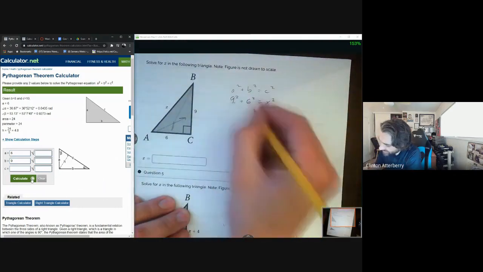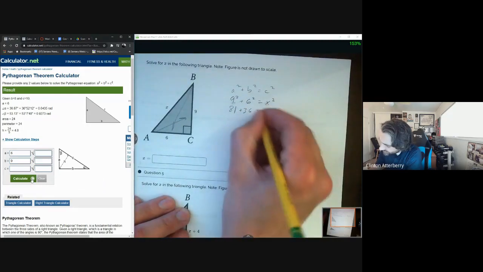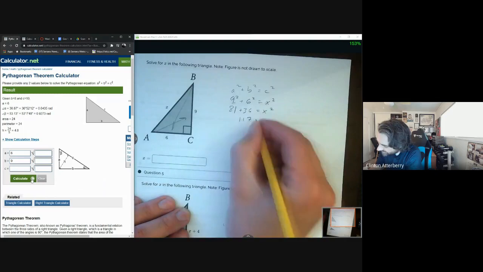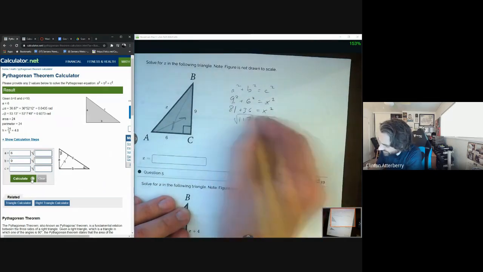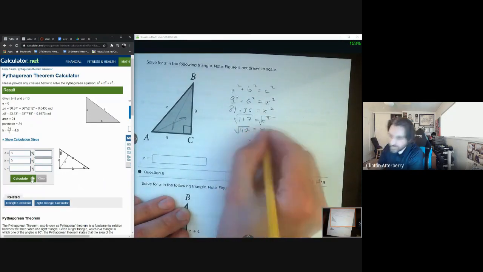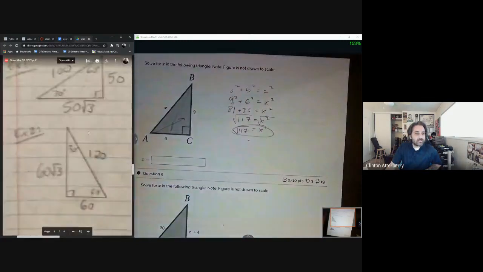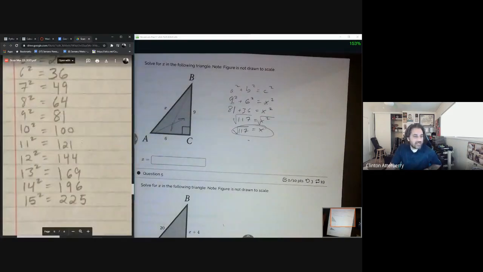So 9 squared is 81. 6 squared is 36. Adding those together, we get 117. Okay. So I'm going to square root both sides, and 117 is not on that list of squares. Remember I gave you guys a list of squares. It's also on the week 9. So I look at 117, and 117 is not on this list.